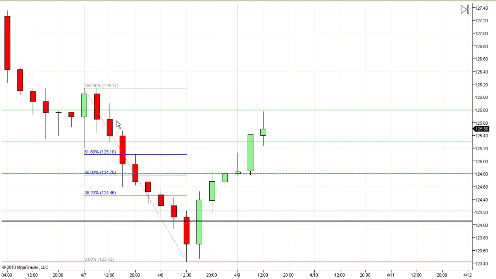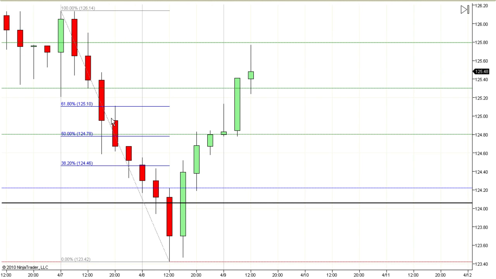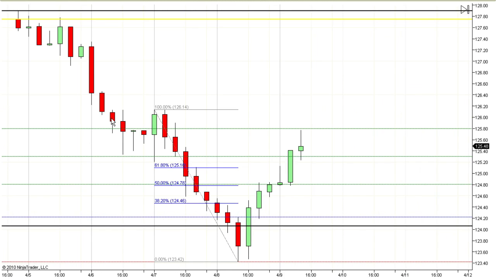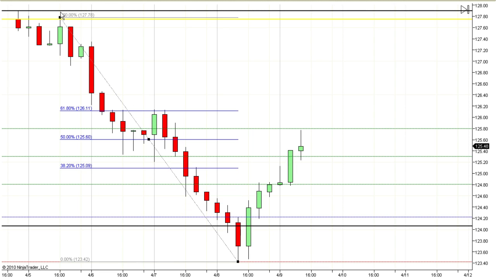Based off the fact that I would be buying the retracement in the downtrend there, I placed the fibs from a couple of different points just to see where my targets would potentially line up. So the first thing I did, I placed the fibs from the high of the week's move down to the low of the week, just to see where the fibs lined up.